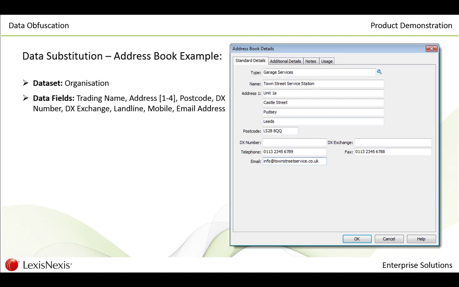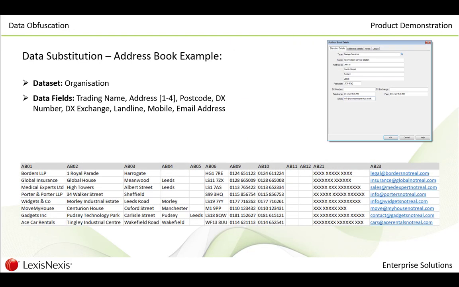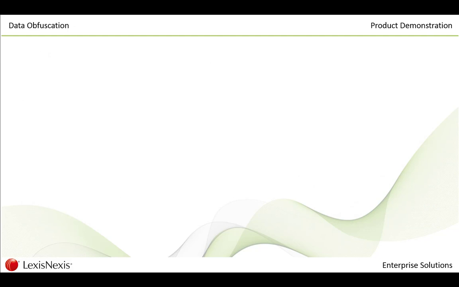Think of it as a database table. Inside the dataset, we create a number of fields to match those in our address book records. Think of these as columns in the table. Once the substitution dataset has been created, we fill it with rows of fictitious data. When obfuscation takes place, each address book record is replaced with a random row from the dataset.